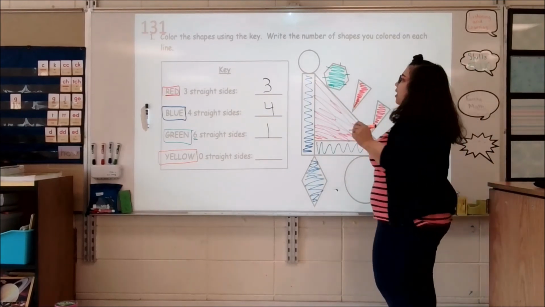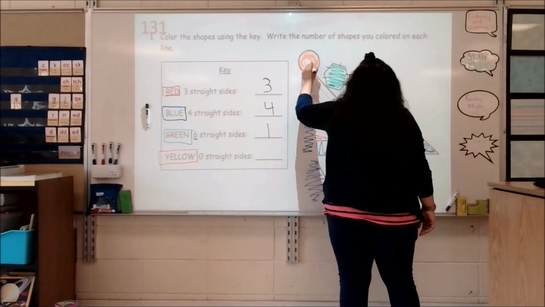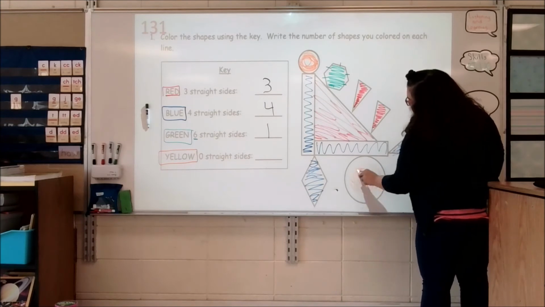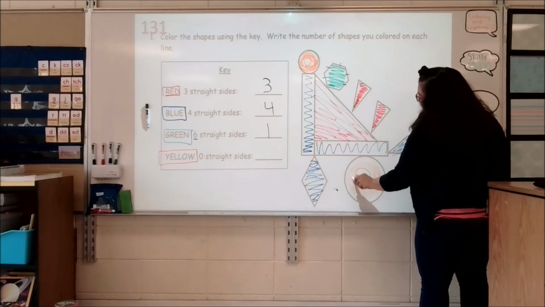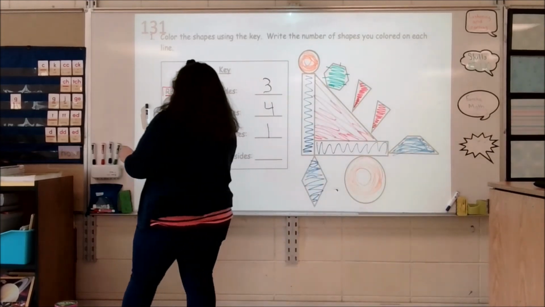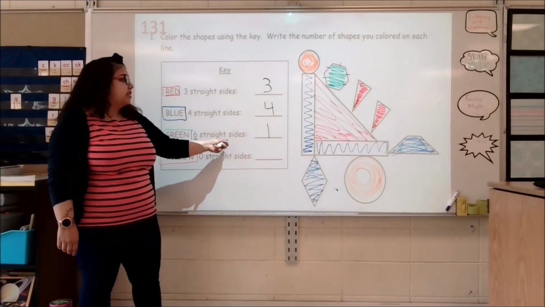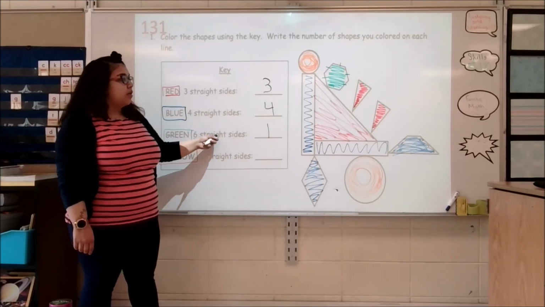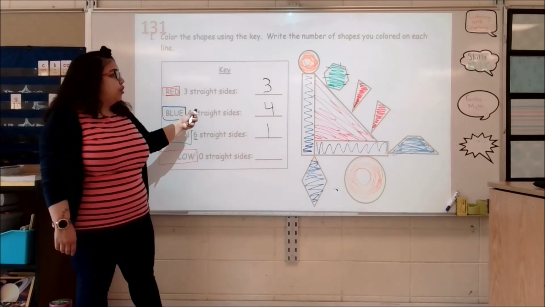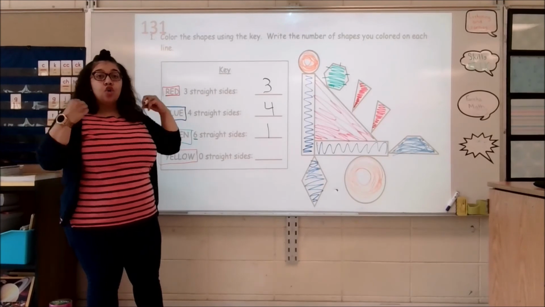It's the only one left, meaning that this, look at that, all going round and around, and this right here have 0 straight sides. In having 0 straight sides, they also have 0 corners. And having 6 straight sides, this also has 6 corners. In having 4 straight sides, these blue ones also have 4 corners.